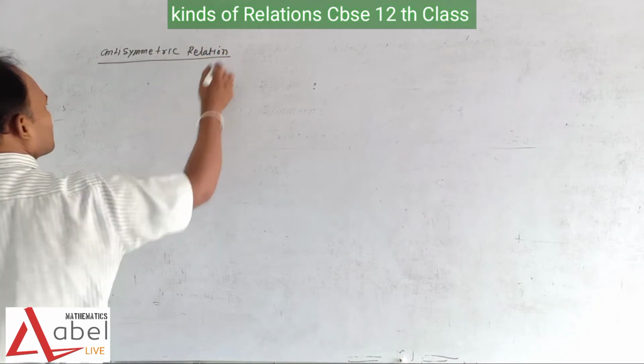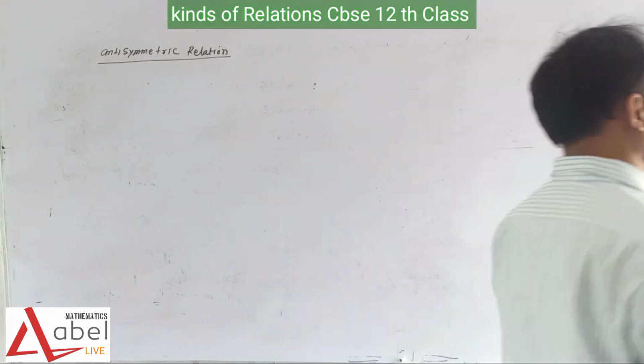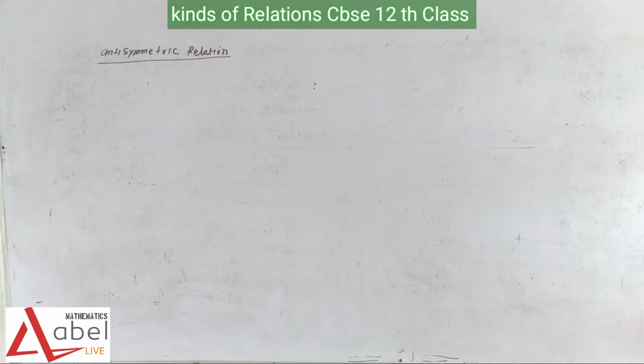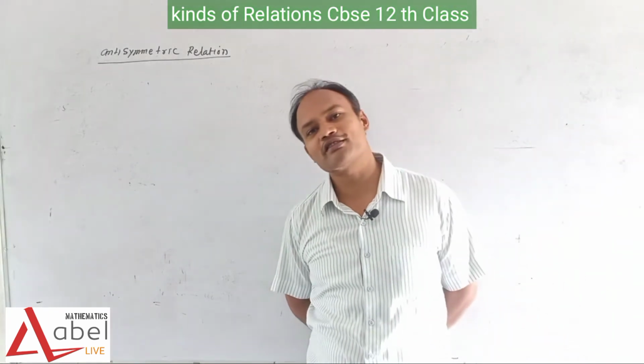Anti-symmetric relation means there is some property about the symmetric also. So always remember, this is a very important topic about relations and functions. These are the types of relations.